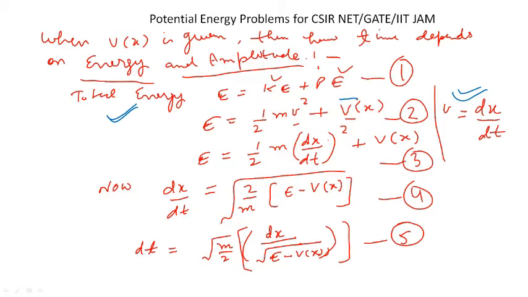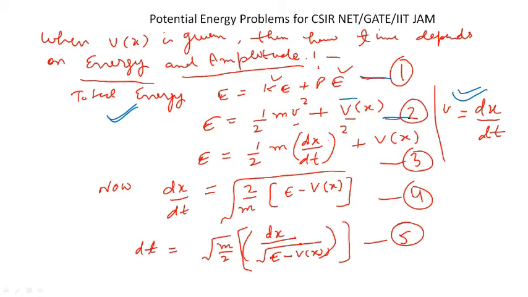Let us say this is equation number 1 and this is equation number 2. Now we can write E as 1/2 m (dx/dt) whole squared plus V(x). So it is equation number 3. Now we will find the value of dx/dt from equation number 3.